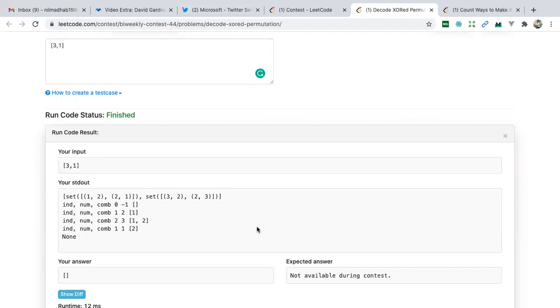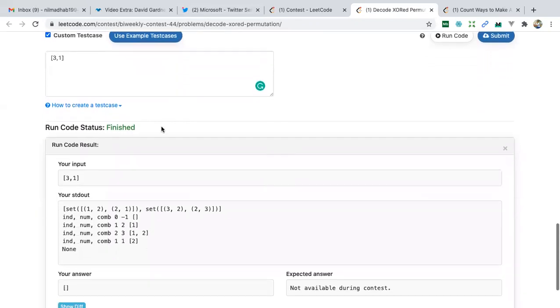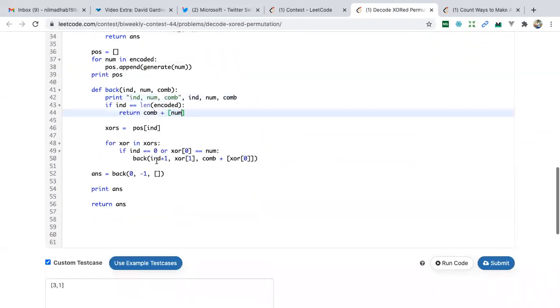In the breaking condition, we should input the number then, like at line number 43. What should we input? Should we add that number to the combination? Yes, combinations, number, and index is what? Index is 2, right? So when index is 0, 1, 2, then we should -1, right?